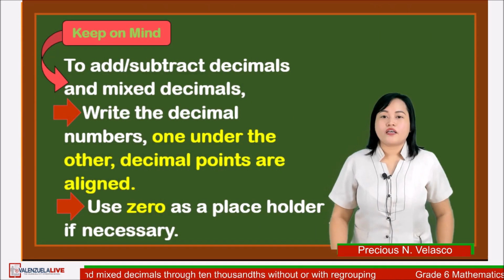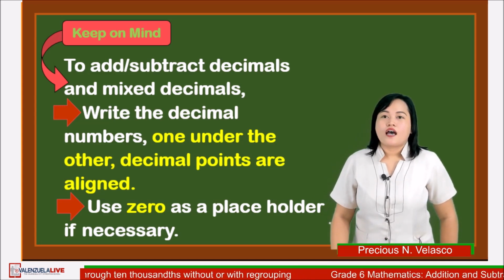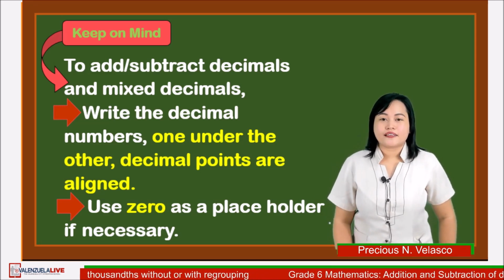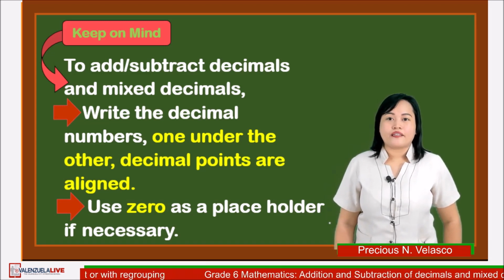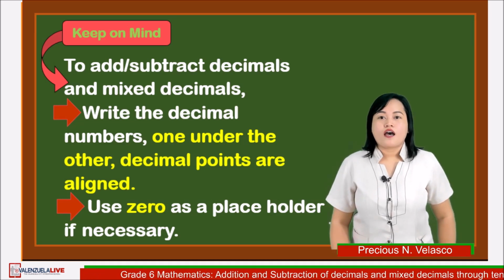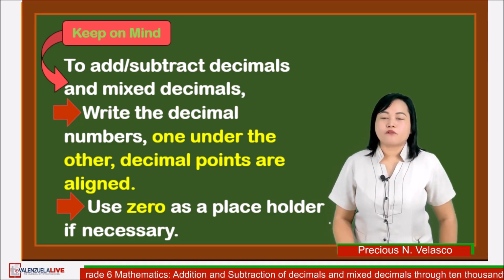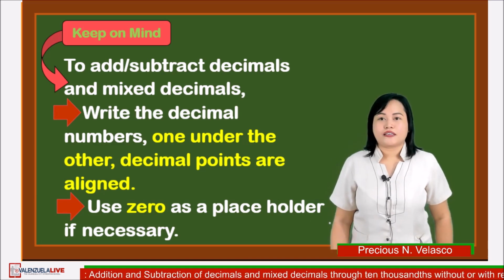Okay, so what I want you to keep in mind is this. To add or subtract decimals and mixed decimals, first, write the decimal numbers one under the other so the decimal points are aligned. Next, use 0 as a placeholder if necessary.